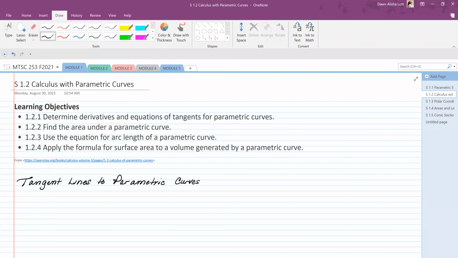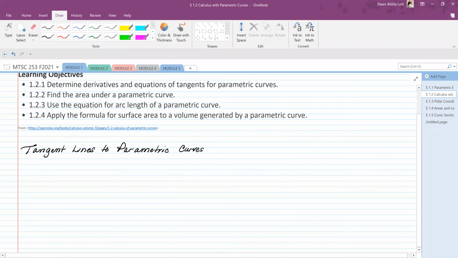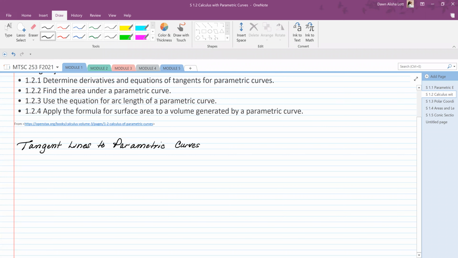So first off, we already said that we know what a parametric curve looks like. So I'm going to have a definition. This is my first thing I'm doing in this section. All right. So definition. We talked about closed curves. So now we want to talk about what it means to be a smooth curve.